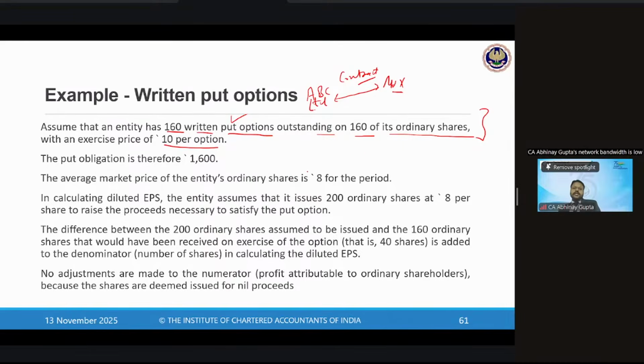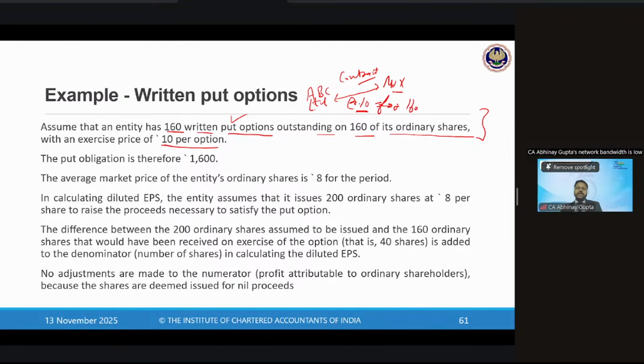So 160 written put options outstanding on 160 of its ordinary shares with an exercise price of rupees 10. So at what price the company has agreed? So company is saying to Mr. X that Mr. X, if you want to return the shares you hold for the company, then you can do so at the rate of rupees 10 for how many shares? 160 shares, right?